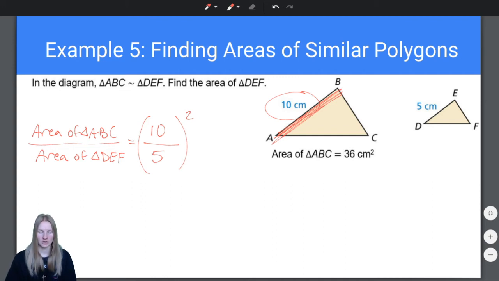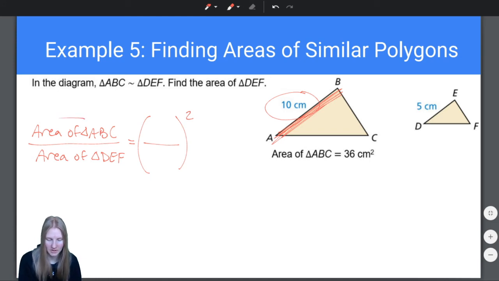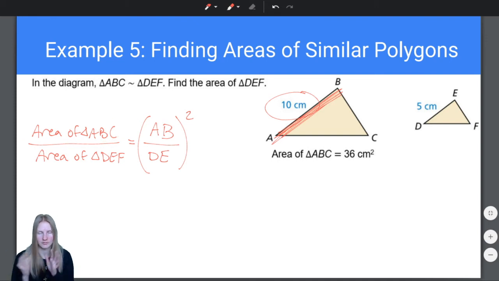Okay. So now, since we're talking about the area of triangle ABC, this is equal to side AB over side DE squared. Now we can plug in our numbers.